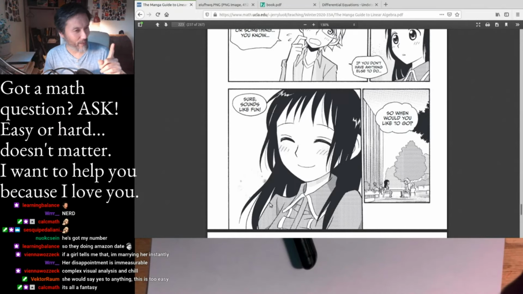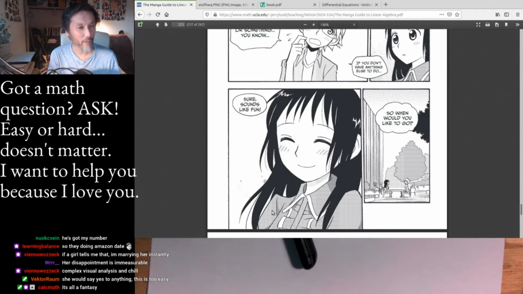Lonely men out there, don't let this manga poison your idea of women, okay? Please don't let this poison your idea of women.